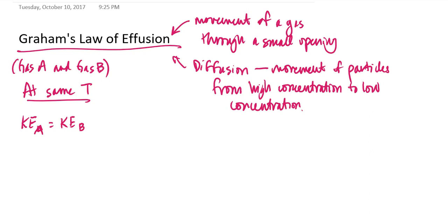Recall, kinetic energy is 1/2. For gas A, it should be the mass of A times the speed of A squared. Similarly, the kinetic energy of B should be 1/2 mass of B, velocity of B squared. Notice that in this equation, the factors of 1/2 will cancel. Let's put all the velocity terms on one side and all the mass terms on the other side.